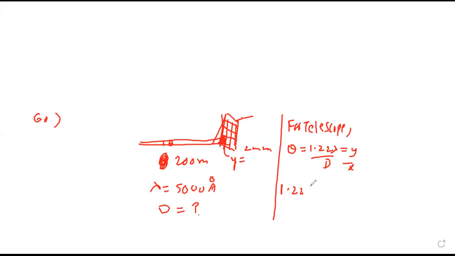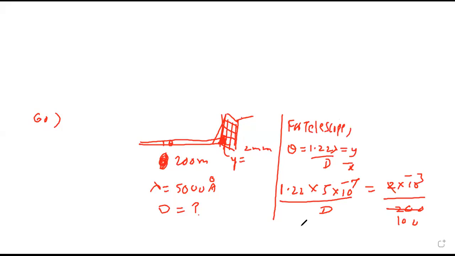So 1.22 into lambda, 5 into 10 raised to minus 7, capital D we have to calculate. Opposite side y, 2 millimeter, is 2 into 10 raised to minus 3 upon 200 meter. 2 into 100. So D will become 5 into 2 is 10, 6.10 into 10 raised to minus 7, 10 raised to plus 2 upon 10 raised to minus 3.